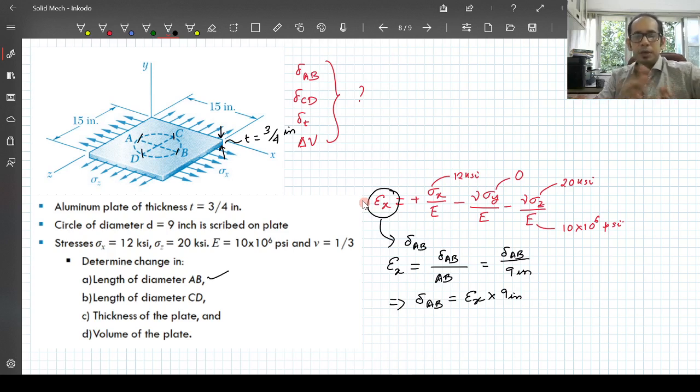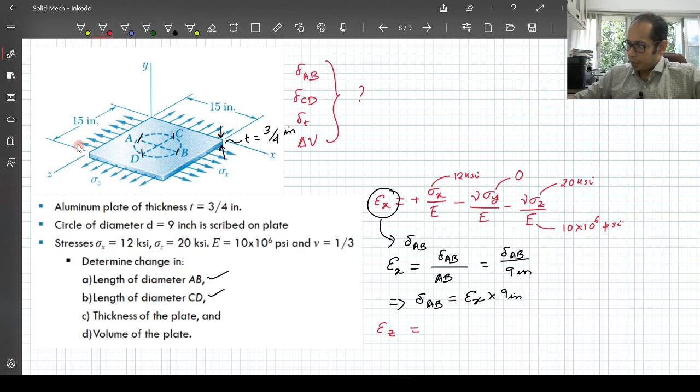In a very similar fashion, you can calculate the change in length CD. Remember, CD is along the z axis, it goes along this particular z axis. So that is going to be my epsilon z.